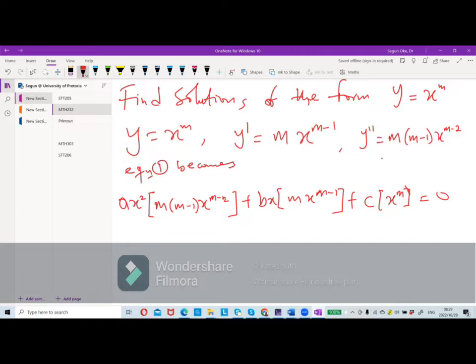Look at this. I can bring s^m out, s raised to power m minus 2 out.